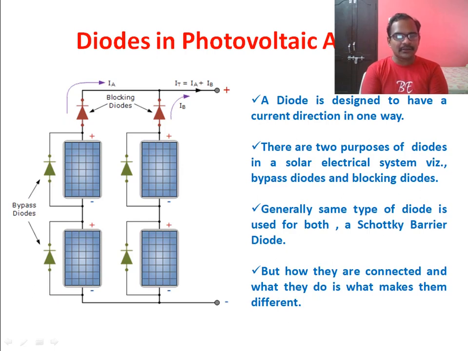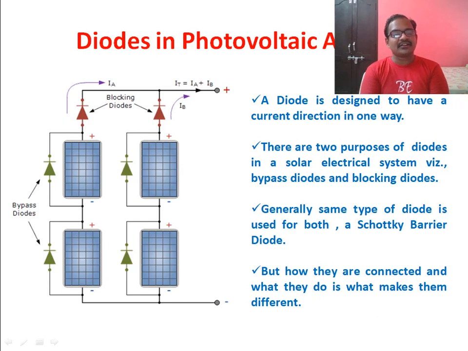There are 4 panels, and thereby 4 bypass diodes connected in parallel to them. The type of diode used for both blocking and bypass is a Schottky barrier diode.